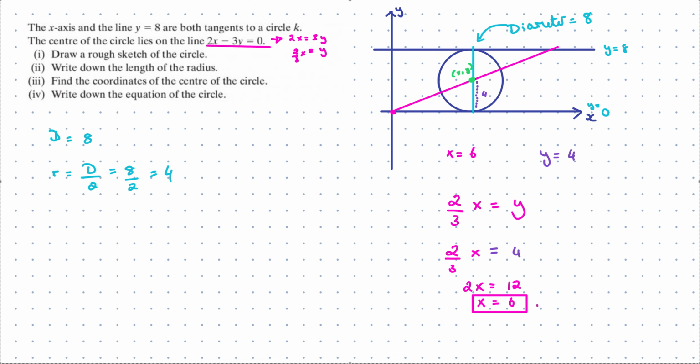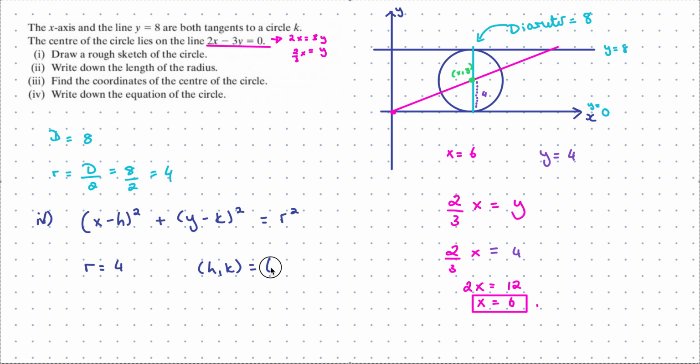Now I have my centre. It's 6, 4. I also have my radius. If I have a centre and I have a radius, then I can very easily, for part 4, find out the equation of the circle. So remember, you're going to start by writing out your formula, and then you're going to fill it in with the information that you have. What's our information? We have r is equal to 4, and we have our h, k, which is our centre.